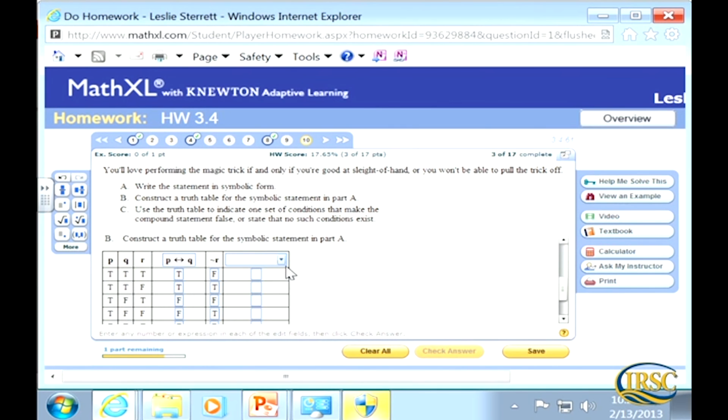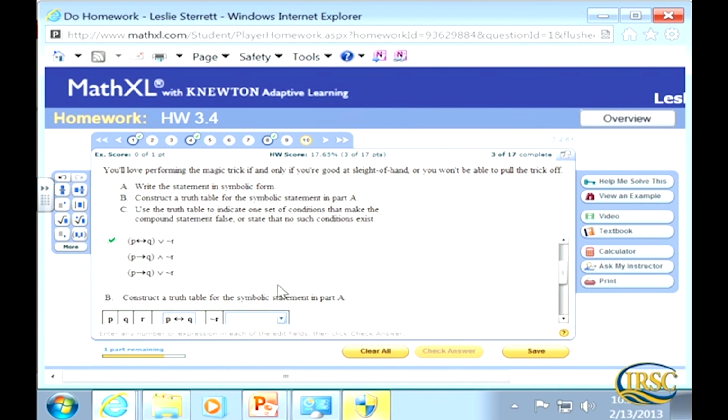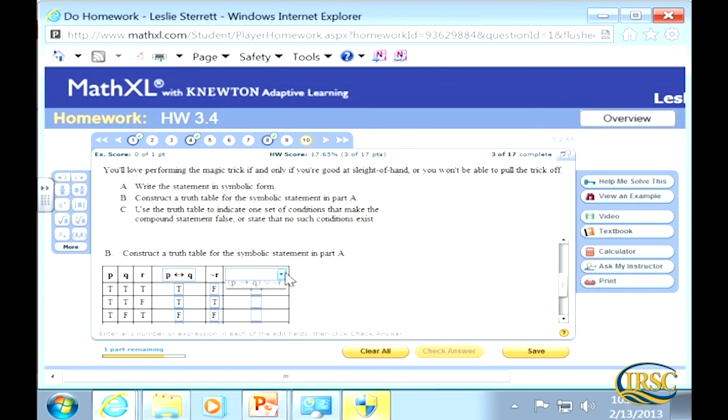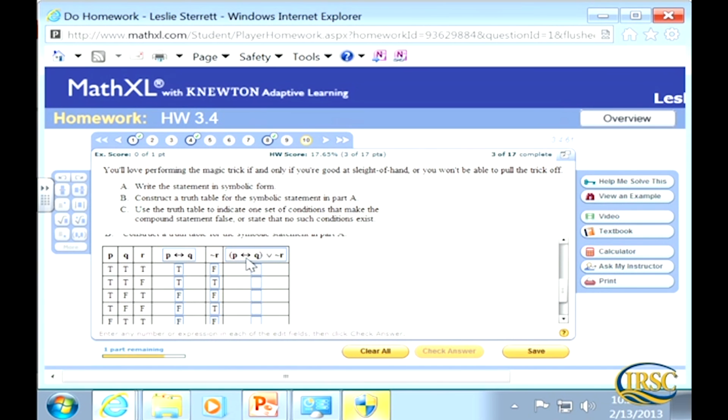And then in the final column, we need the entire statement. So choose the one that matches your answer, which was this one, correct? So we did the if and only if symbol, we did the not symbol. All that's left is the or.